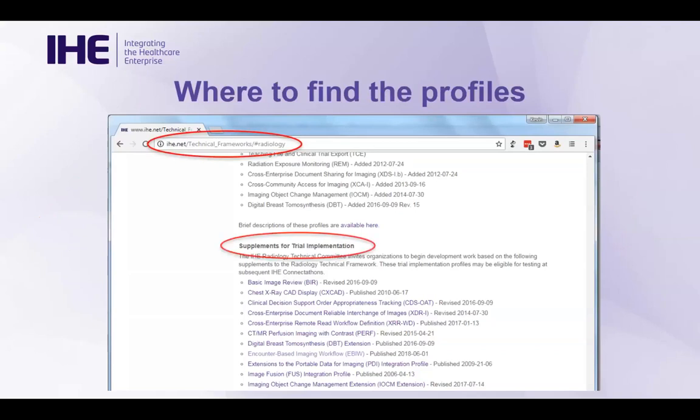Then you can look at some of the trial implementations or the technical profiles to read up on the contents, to find out specific detailed information. This is highlighting the EBIW, but for other profiles, as you see here, CDS-OAT is also listed there, and the IOCM extension is listed there as well. So you can find all the profiles that have been published by Radiology on the website.